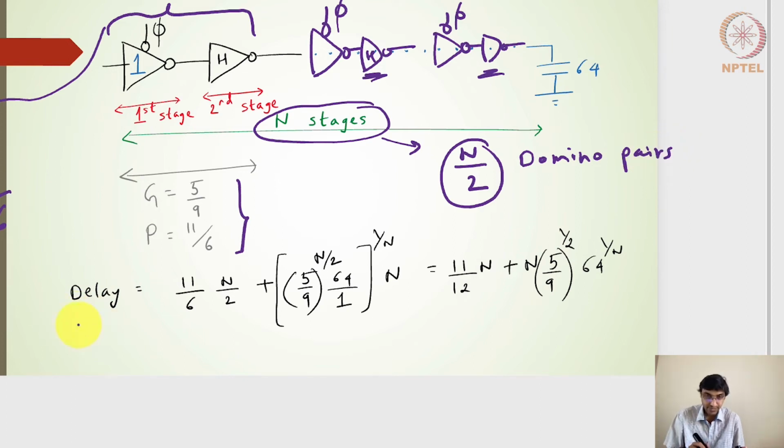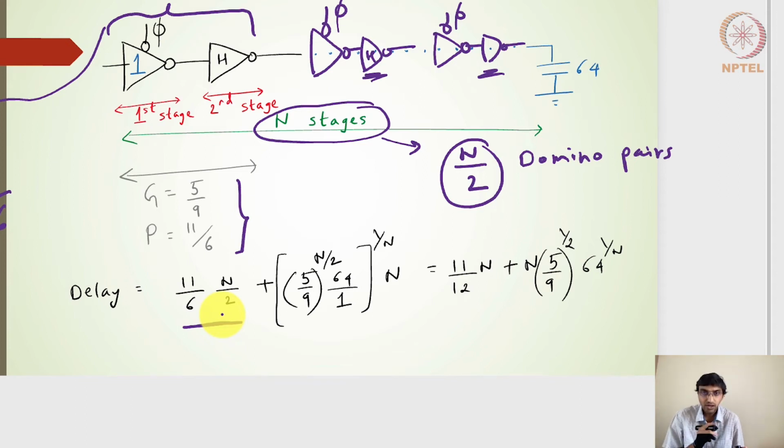Okay. So let's write the delay expression. The summation of the parasitics is 11 by 6 for one domino pair. So if I have n by 2 pairs, the overall parasitics will be 11 by 6 multiplied by n by 2.